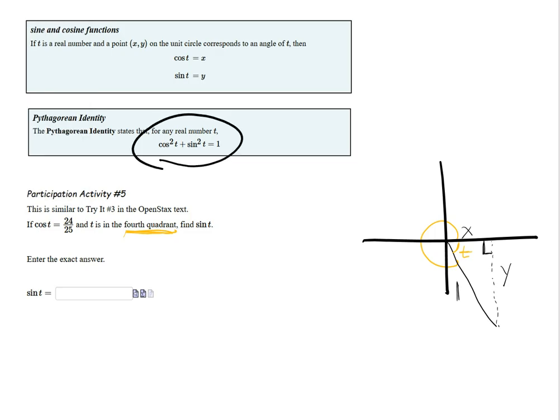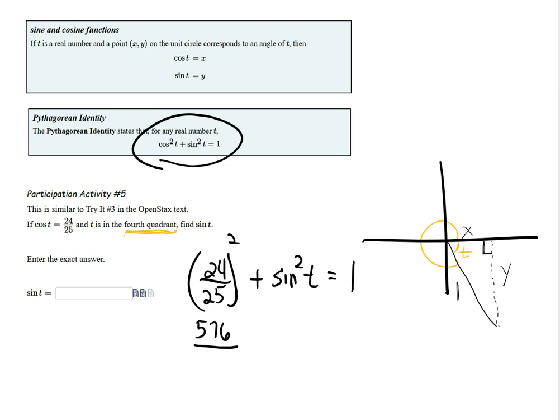Cosine of t is 24 25ths, but we've got to square that, plus sine squared of t equals 1. They say an exact answer. So 24 squared is, yuck, 576. 25 squared is 625, plus the sine squared of t equals 1.